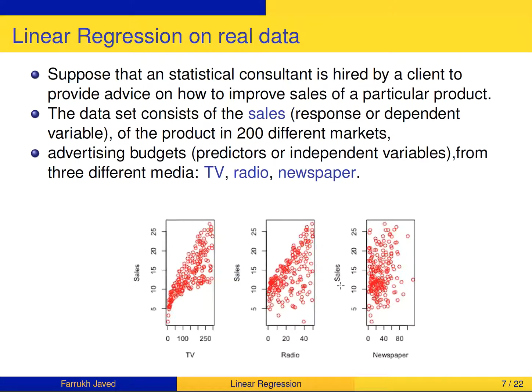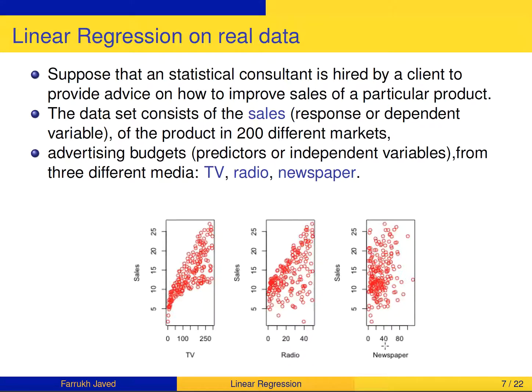Similarly, for newspaper and sales, again the relationship is not very obvious. It's strange. We see that in the beginning, when there was not much spending on newspaper advertisement, the sales were really high, right? And if I spend too much, then sales are not that high, like here, this circle.